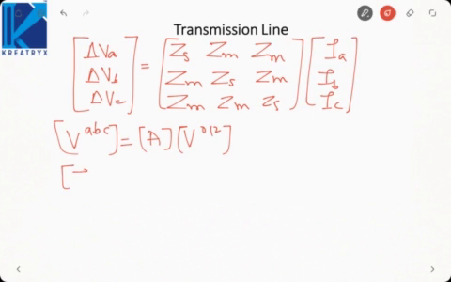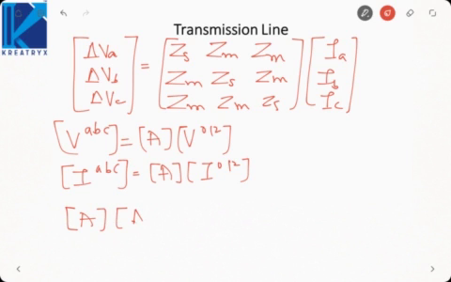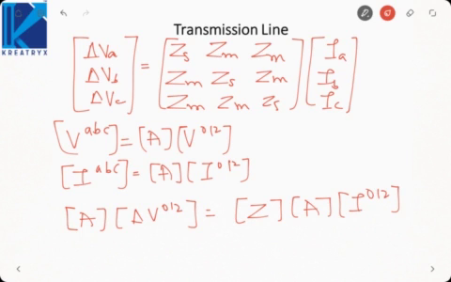Similarly, IABC is equal to A times I012. So that means I can write it like this. A times delta V012 is equal to Z matrix into A times I012.